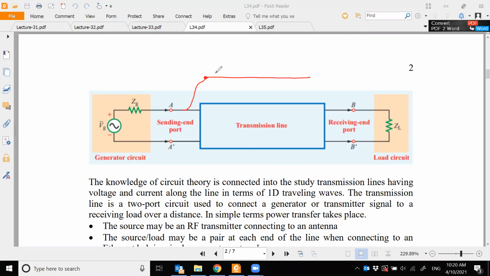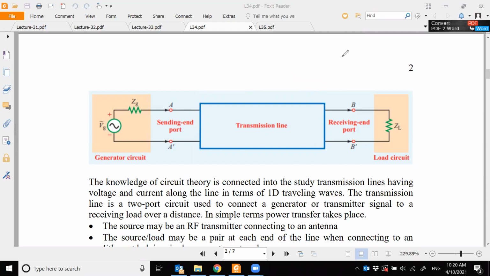This is my central conductor, and my outer conductor will be connected to this. I'm just showing you how the connections are. So this is my central metallic conductor, this is my outer metallic conductor. So this is how the transmission lines are connected.